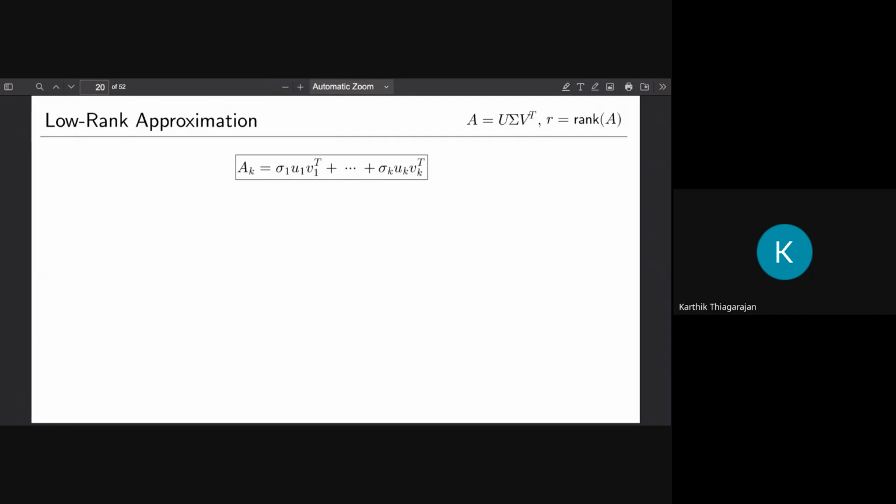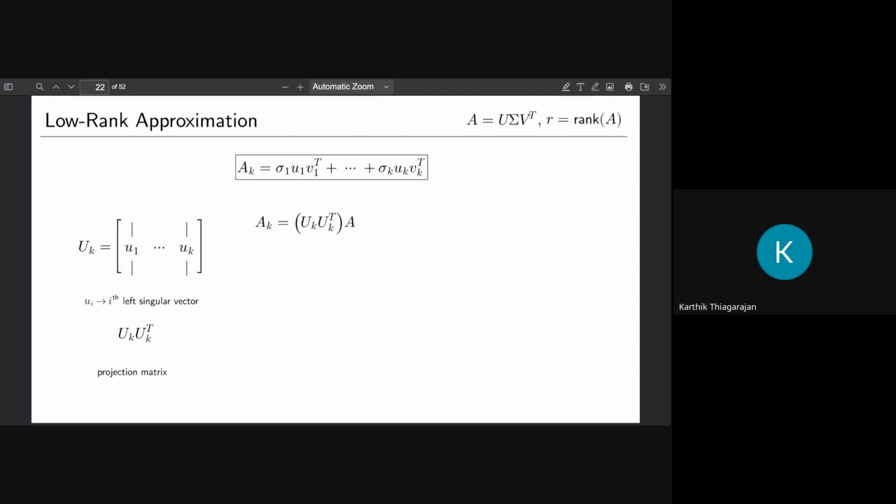Okay, this is where we stopped, right? This low rank approximation is where we stopped. The sum of the first k rank 1 matrices is what we are looking at, and the important matrix is U_k transpose, the first k left singular vectors.